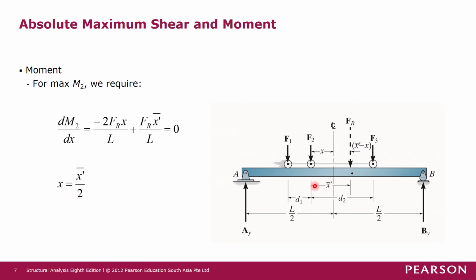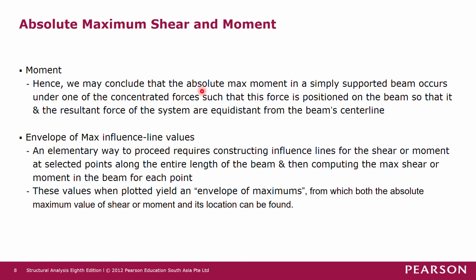This means the distance x from F2 to the center line of the beam is half of x bar prime. What this means is that the absolute maximum moment in the simply supported beam occurs under one of the concentrated forces, such that this force is positioned on the beam so that it and the resultant force of the system are equidistant from the beam's center line.